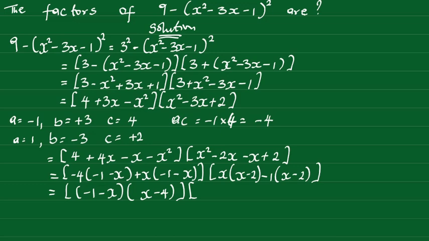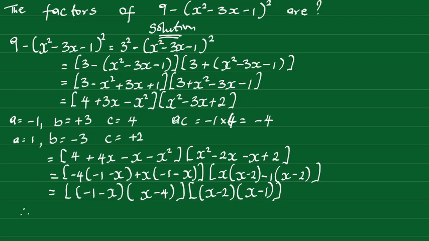From our second bracket, we have bracket open, x minus 2, bracket close, bracket open, x minus 1, bracket close, bracket close. We factor out minus 1 from the first bracket so that our expression will look more neat and will also fall in line with the options we have from this question. That is, if you have the question paper.